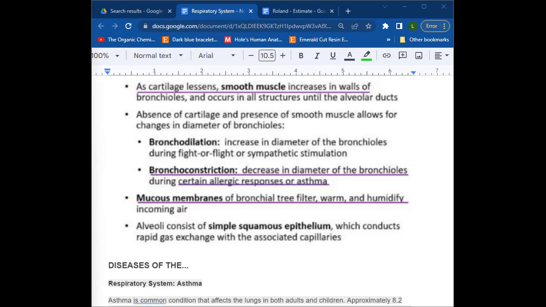The bronchioles are so narrow, and as the air tries to pass through that tiny narrow opening, it creates that wheezing, whistling sound.